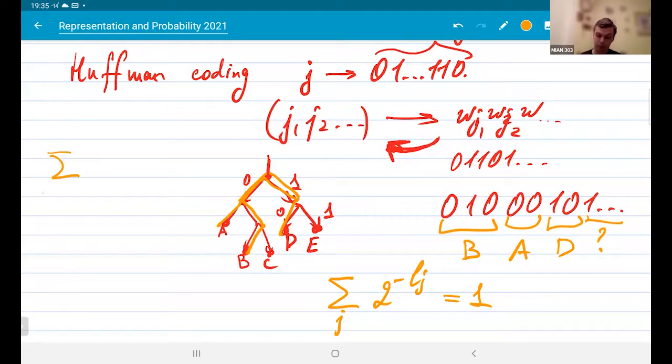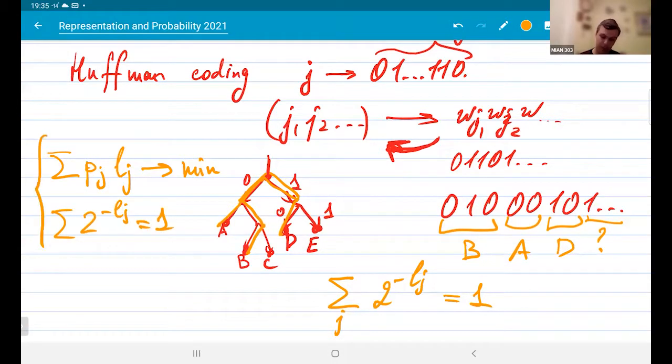So it is the sum of Pj times 2 to the minus Lj times Lj. And you need to minimize this. Well, of course, there is a so-called Huffman algorithm that constructs this.